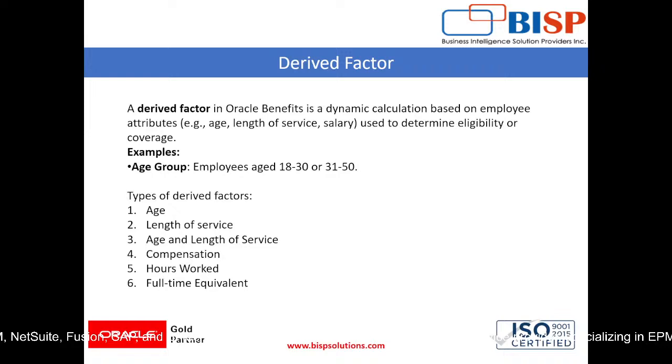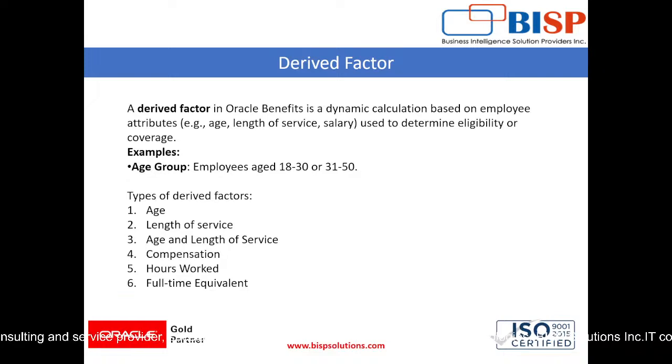Okay, so let's say you want to derive something based on the age. So age should be greater than 18. Okay, you can derive that into a derived factor, and then you can attach that into the eligibility profile.